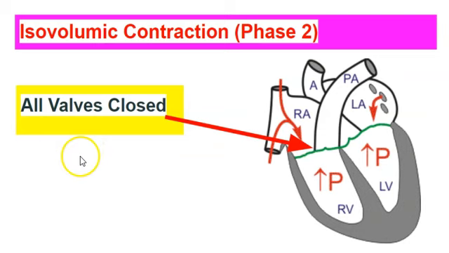So I'll take one of these images or put a question up and ask you when valves are closed, when they're open, and so on. In phase 2, during isovolumic contraction, all valves are closed. All of them are closed. And this is a very brief period of time.